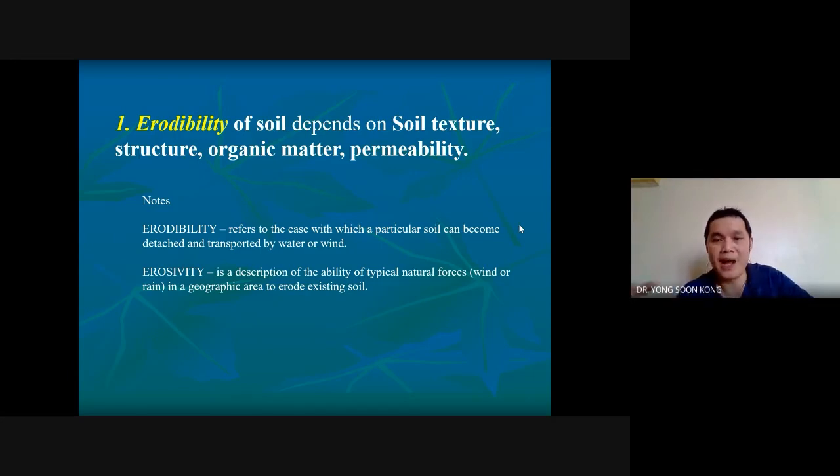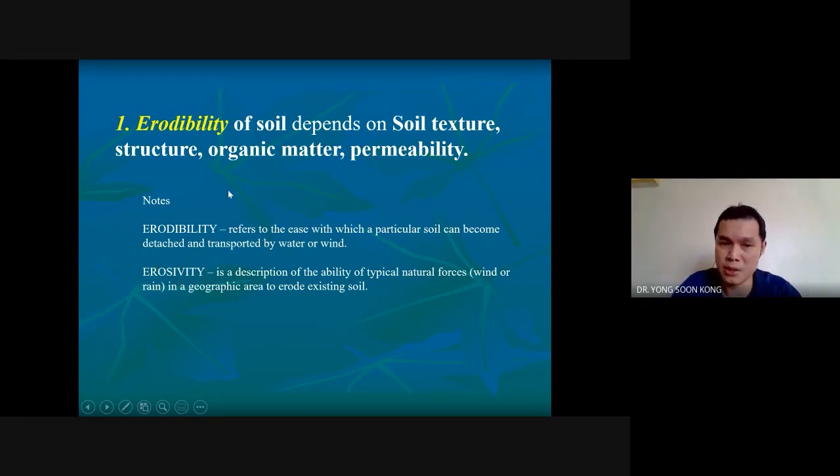It looks at how strong the force that caused the erosion is. So how strong is your wind, or how strong is your rain? How fast will your rain flow? These are the two terms that you need to be sure of, but we're not going to touch too much on erosivity. This is more geography and meteorology. We learn about soil science, guys.